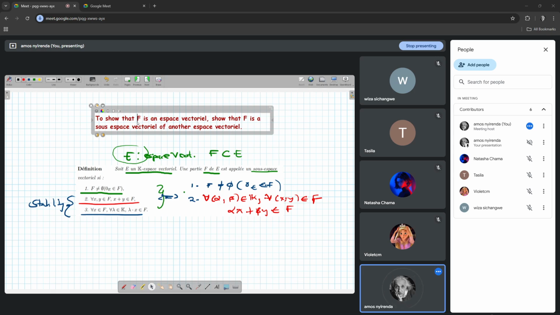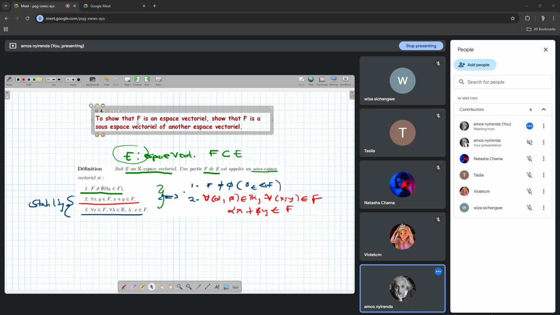And then the second property is that we have to have stability by addition. The third property is we have to have stability by scalar multiplication. And then whatever I've written on the left is equivalent to whatever I've written on the right. So what is on the right is sort of like we combine the second and the third property.